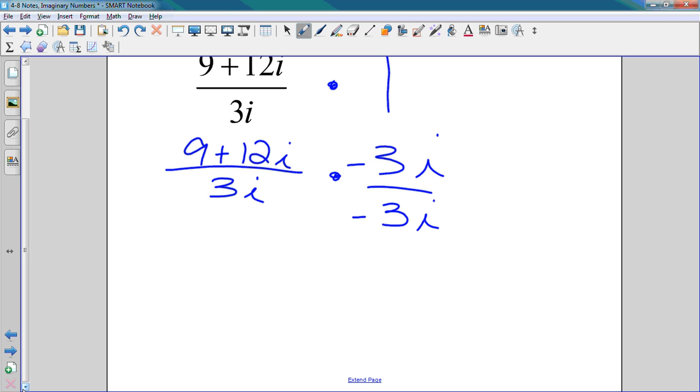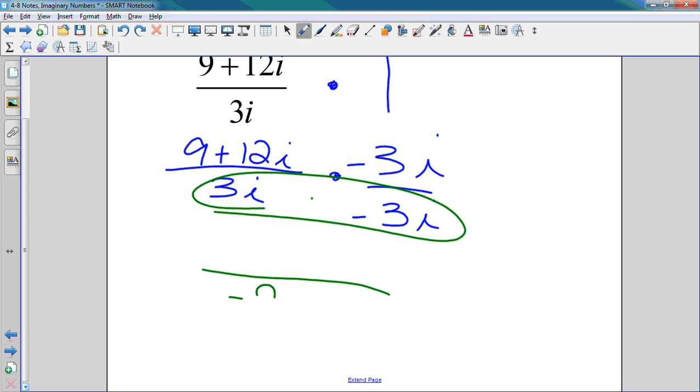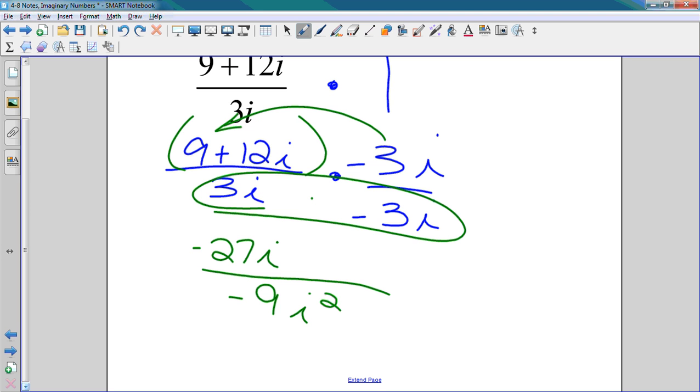Now, marry your tops, marry your bottoms. 3i times negative 3i, I get negative 9i squared. And then I have to distribute this one. I have 9 times negative 3i, negative 27i, plus negative 3i times 12i gives me negative 36i squared.